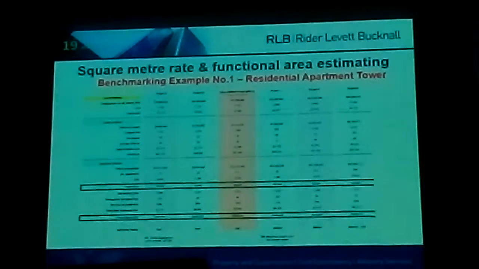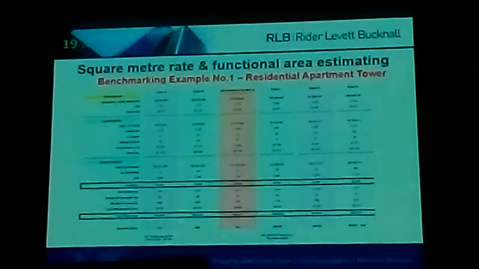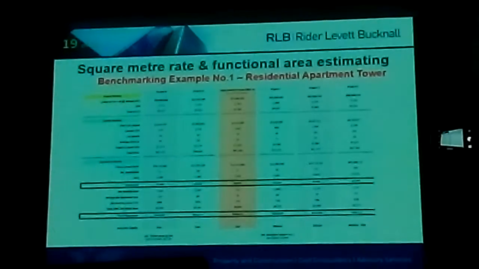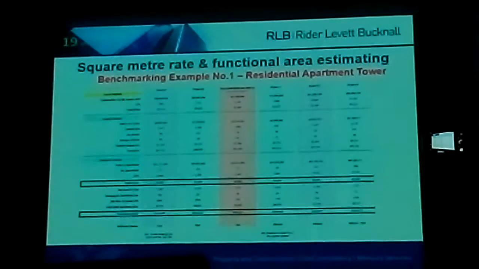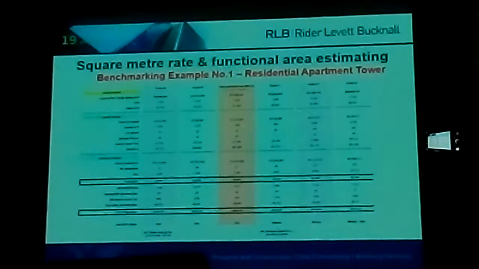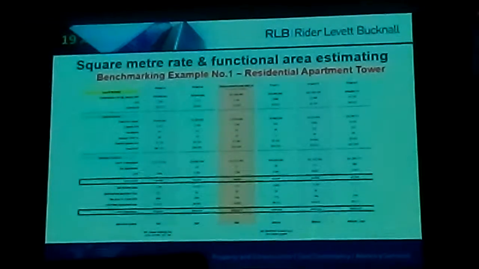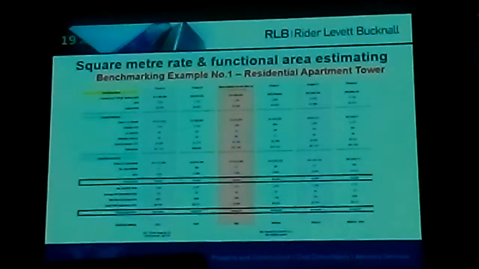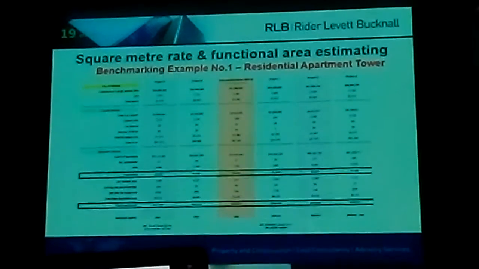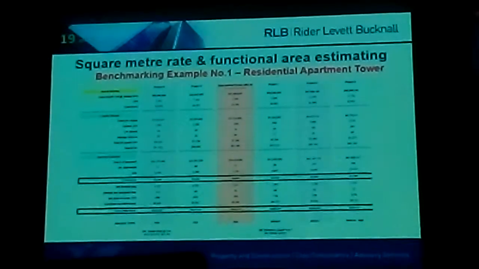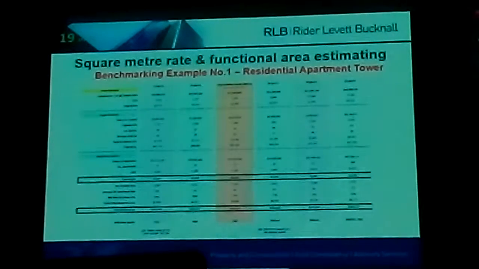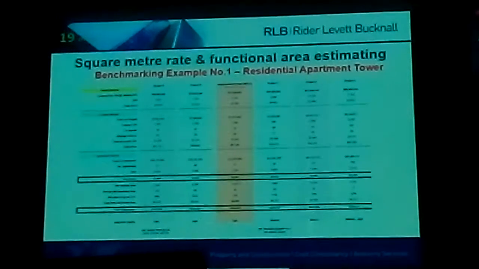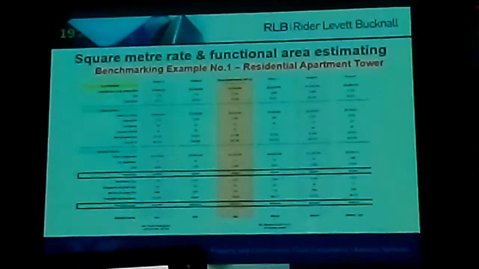Here is an example of how you could benchmark a residential tower project. Looking at the top, you'll start with the overall construction cost, then split out the car park and the apartment components of the estimate. From this table, you'll pick out key issues such as cost per car, cost per apartment, and cost per square metre of the various functional areas.